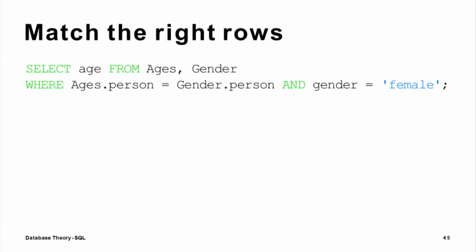So what we actually mean is that the same person that you find in the ages table should be connected to the same person in the gender table. The same person in the ages table should be connected to the same person in the gender table. And then you apply that, and gender should be a female.